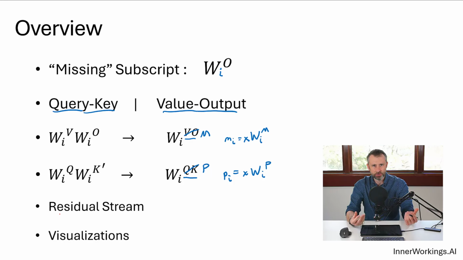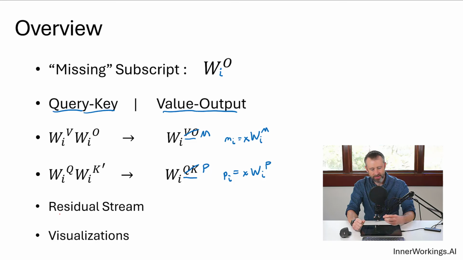We have these illustrations where we can show like this particular head seems to be attending from the object of a verb back to the verb. Pretty cool, right? So it's mapping this kind of understandable linguistic concept.